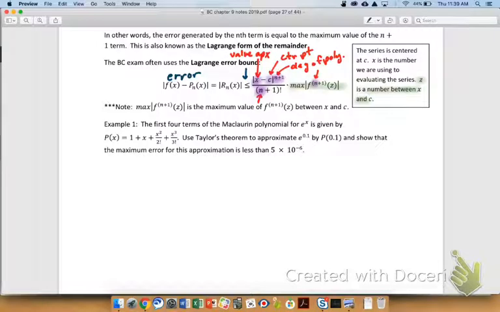The only thing that's going to require any real thought on your part is figuring out that max value of the N plus 1th derivative. Sometimes that's going to take just a little bit of thought. Sometimes it's going to take a lot of thought. But everything else, all the stuff in the green box, is a formula. Plug, done. Honestly, that's all it is.